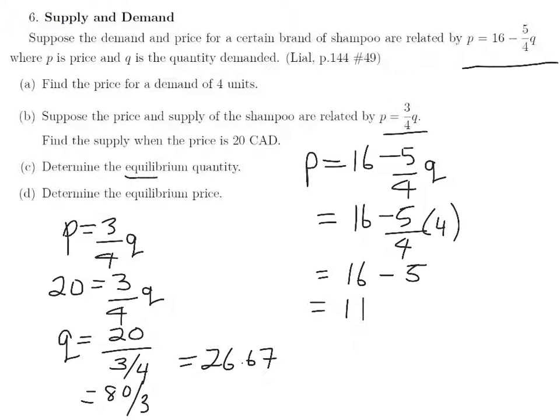But equilibrium means that place where the supply and demand are equal, meaning the producers have supplied enough product to satisfy the consumer's demand. And literally, to find the equilibrium quantity and price, you're finding that place that the supply and demand functions have in common, that place where they would share a point. So let's have a look at that.